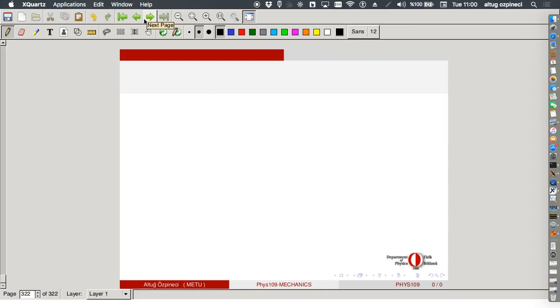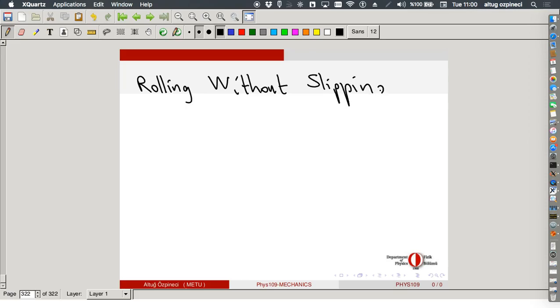Now, one important such motion will be rolling without slipping. Now, what we mean by rolling without slipping is this motion. Or let's take the ball. This is rolling without slipping. Now, the other example is when I was rotating it.